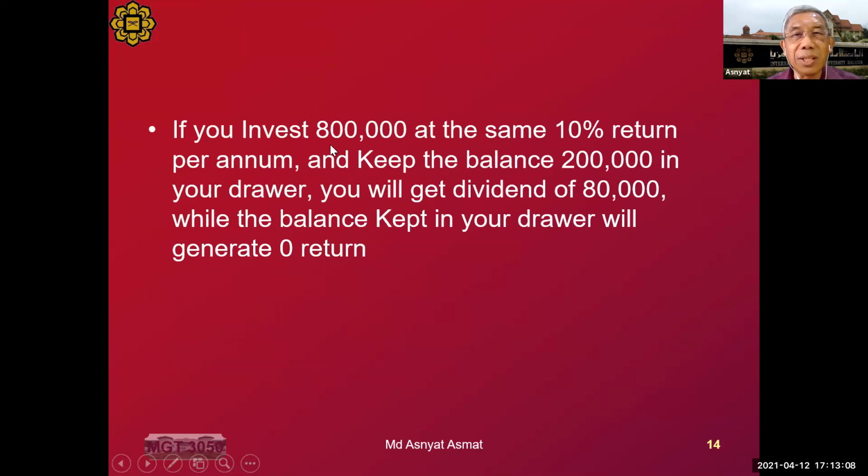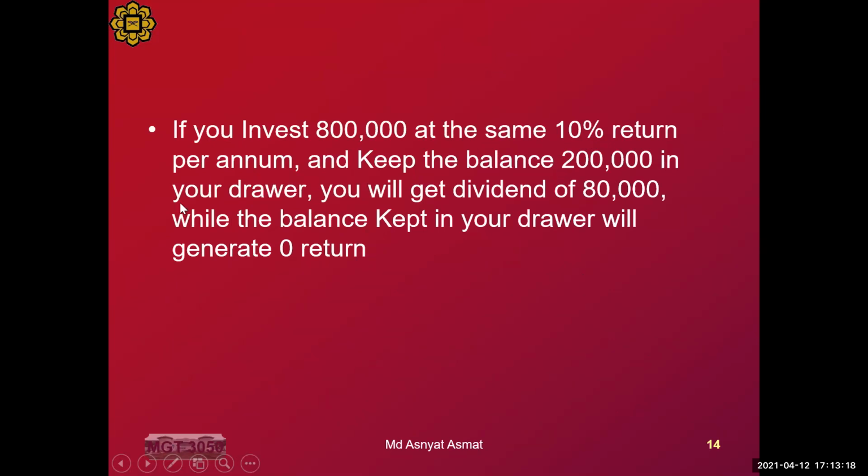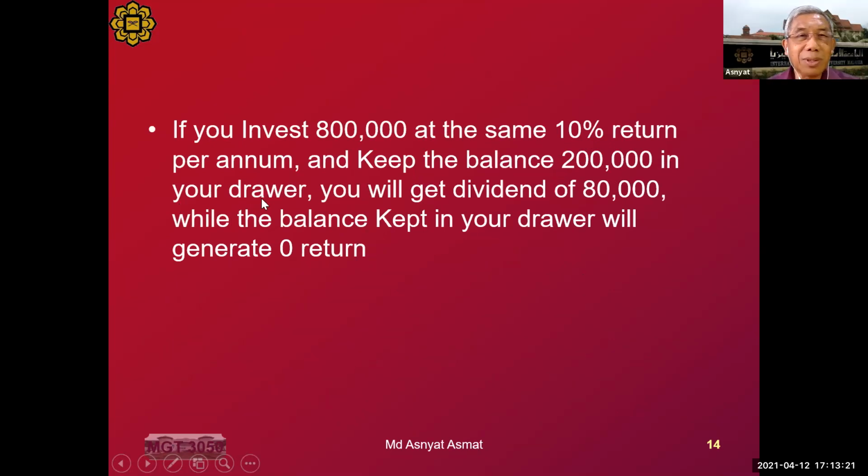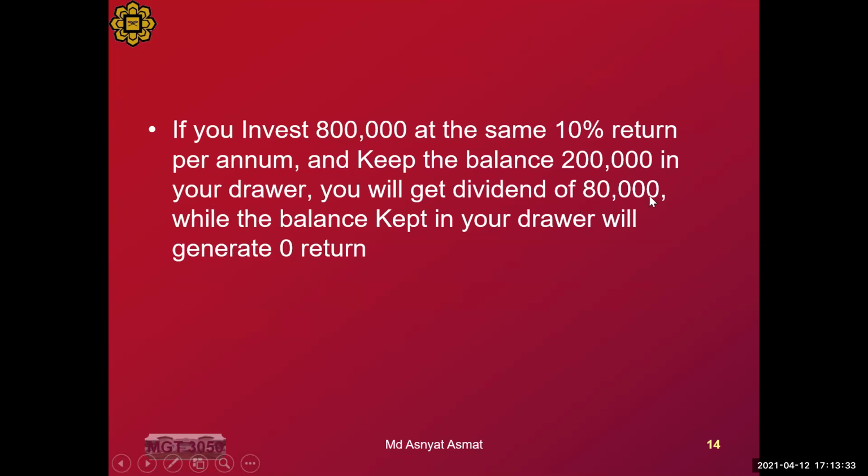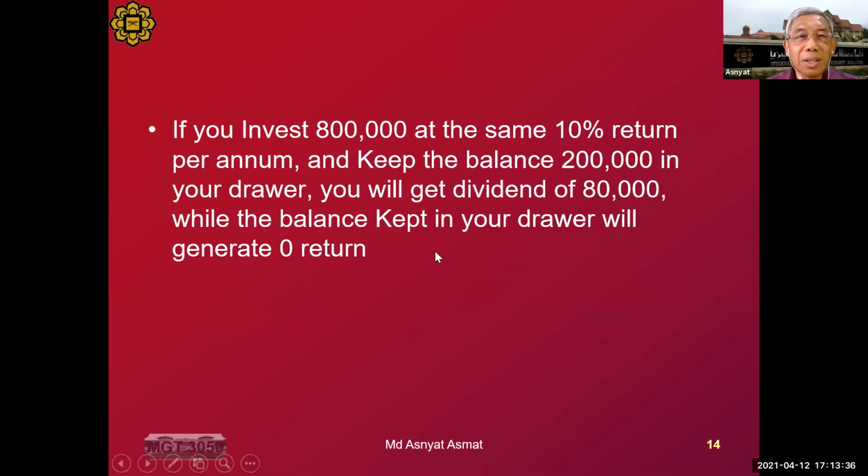You invest only 800,000, assuming 10% return, and the balance you cannot invest for certain reasons, and you have to keep it in your bag or in your drawer or under your pillow. So how much dividend do you get out of 800,000? 80K. How about the 200,000 in your drawer? Does it generate anything? No, you get 0.